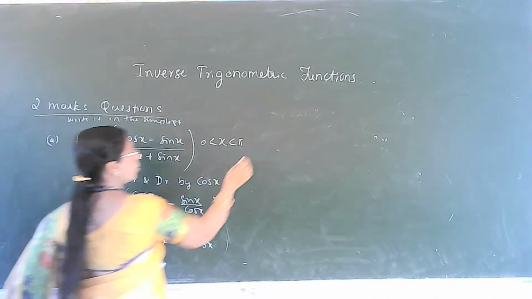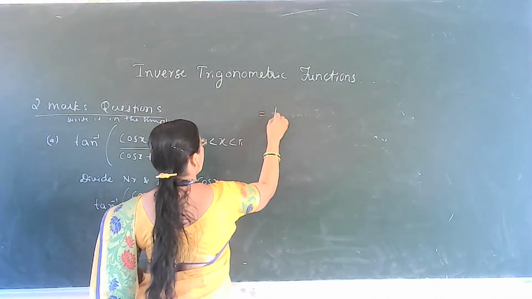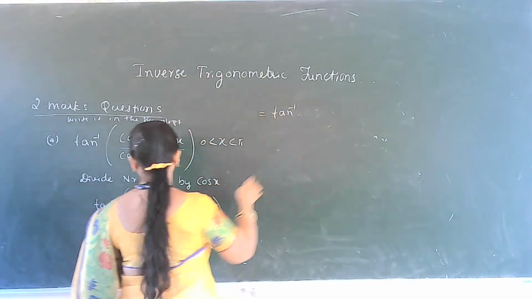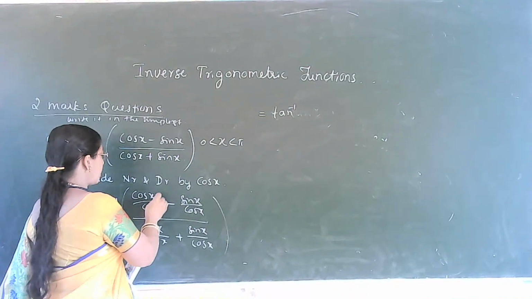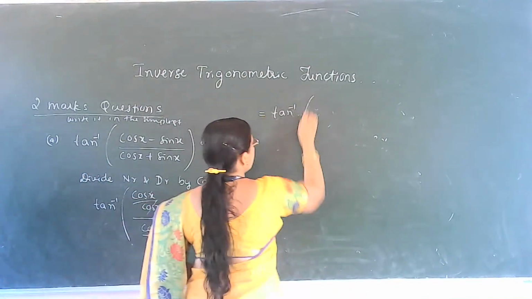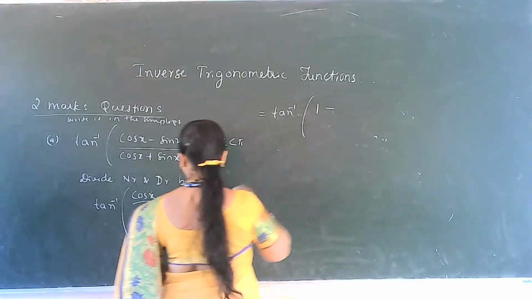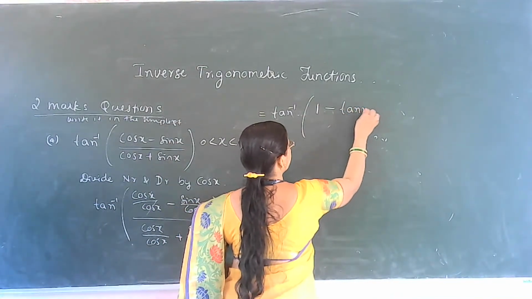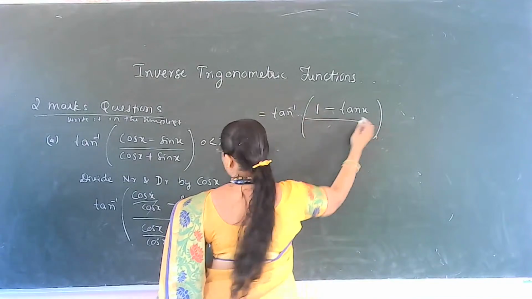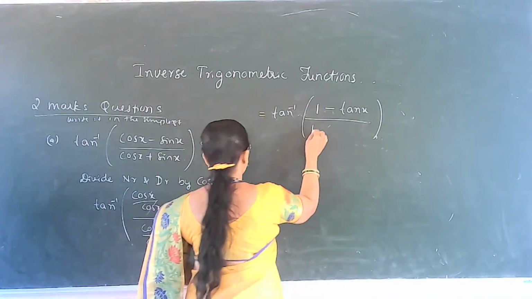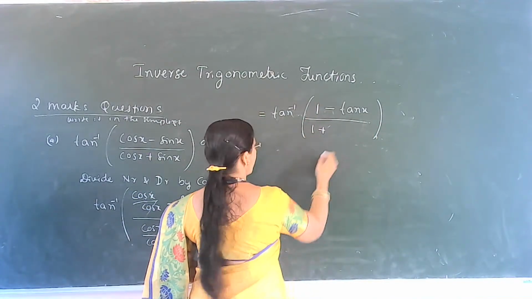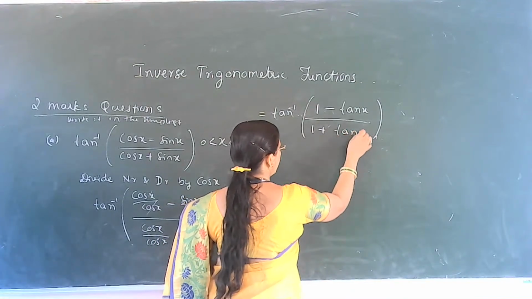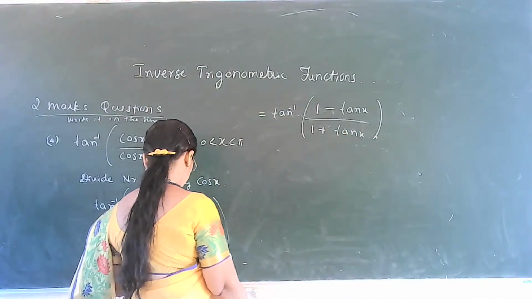We get tan inverse of 1 minus sin x by cos x, which is tan x, over 1 plus sin x by cos x, which is tan x.